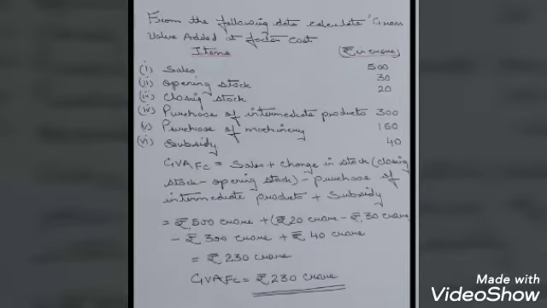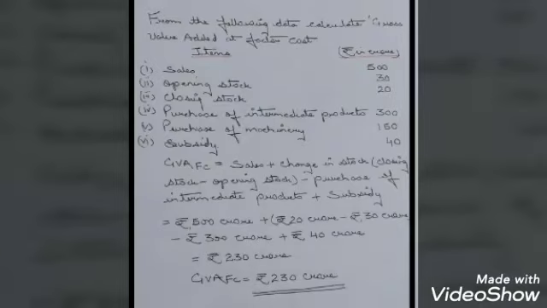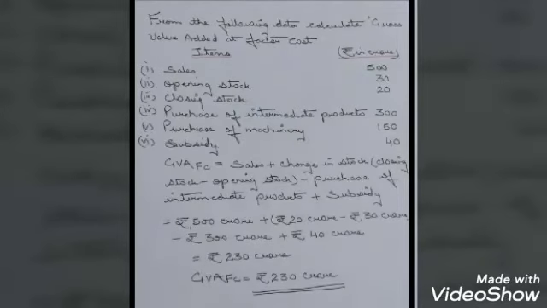The items given are sales, which is rupees 500 crore, opening stock, which is rupees 30 crore, closing stock is rupees 20 crore, then purchases of intermediate products, that is rupees 300 crore, then purchase of machinery is rupees 150 crore, and subsidy is rupees 40 crore.